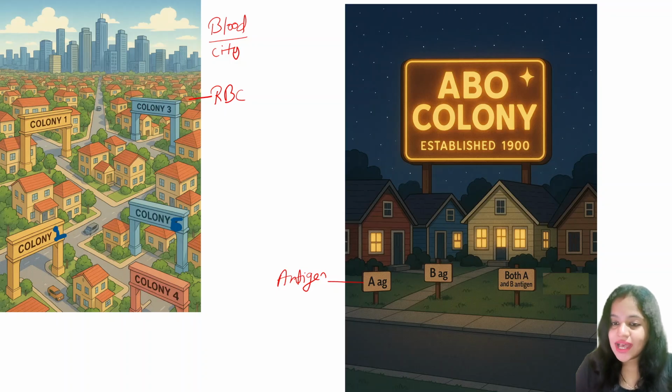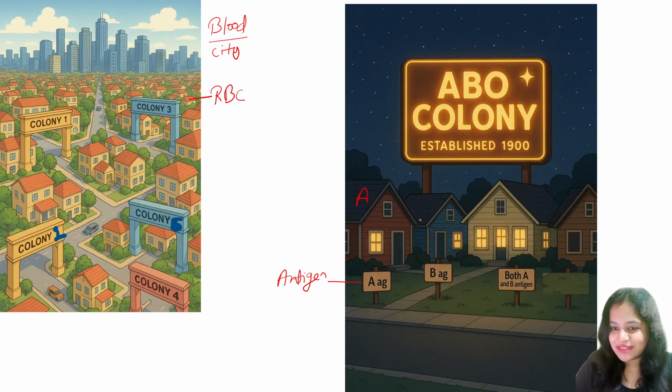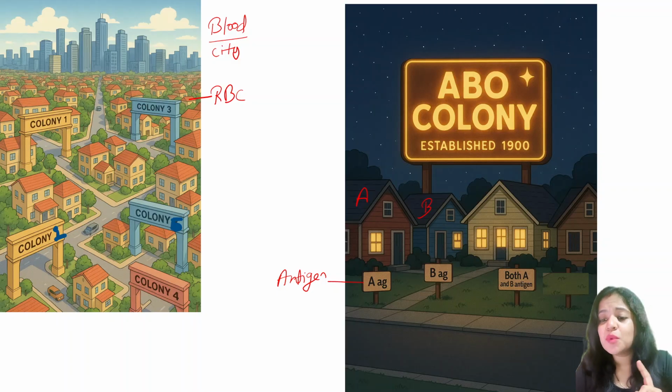Okay, so this house with a nameplate A will be like A antigen on the surface of RBC, which will be blood group A. This house has B nameplate present in front of it, which is like B antigen on the surface of RBC. So this house will be like blood group B. This house has both the nameplate A and B antigen present.